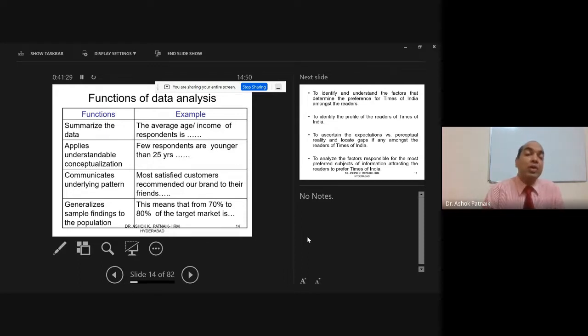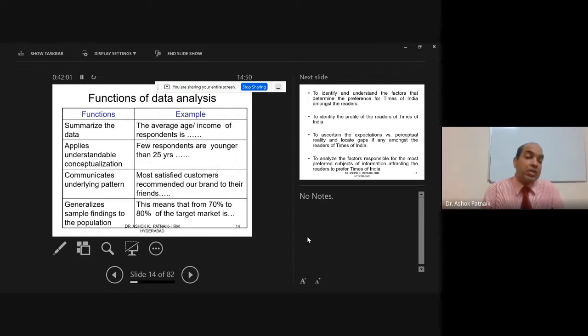So that will tell you there are so many students or employees of different ages, but it will give you a particular statement, summarized in one line, a one-liner statement, which will give you a proper understanding of the entire population. Like here, it says that the average age or average income of respondents is 23 years or 25 years, or 5,000 rupees or 10,000 rupees.